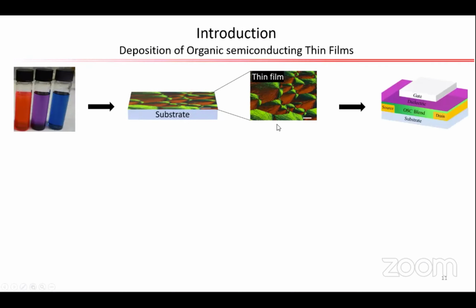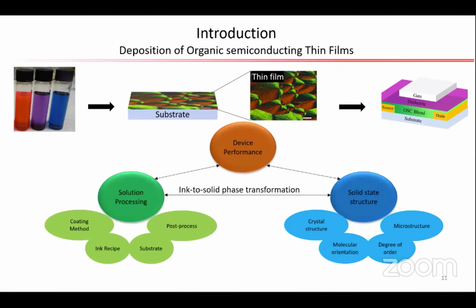So once you have the ink, you use a method to deposit it on an appropriate substrate, then you complete the device by depositing the remaining layers, and then you evaluate its performance. The performance of this device is coupled with the method used to deposit the ink thin film, which depends on the recipe, the choice of substrate, the interface properties, or any post-processing step.